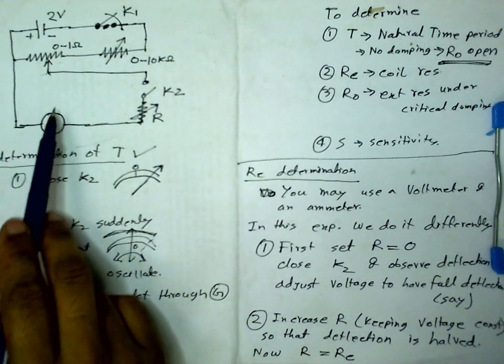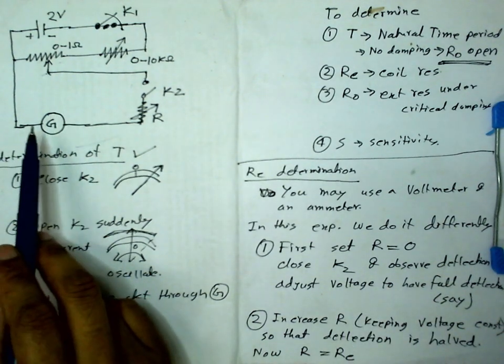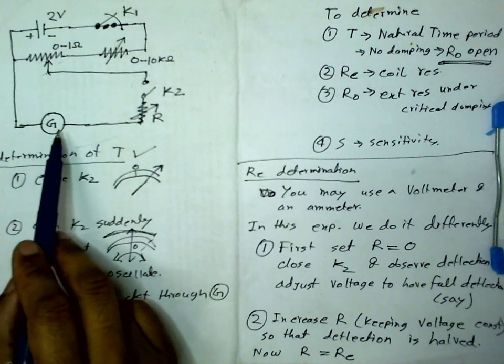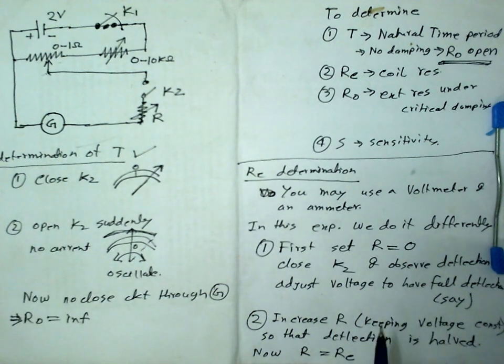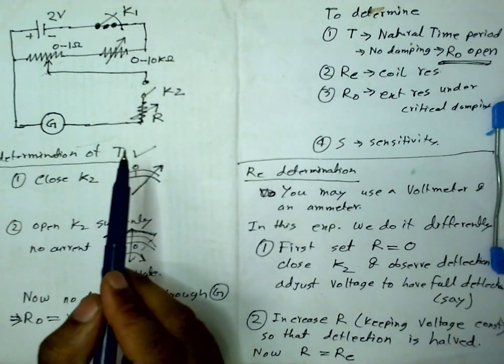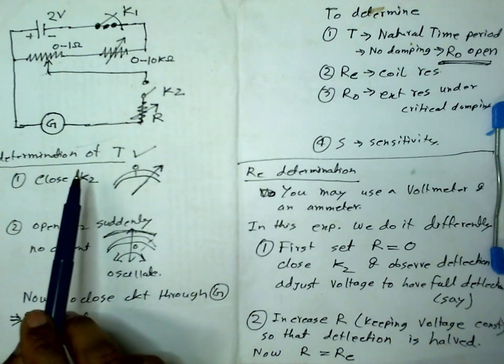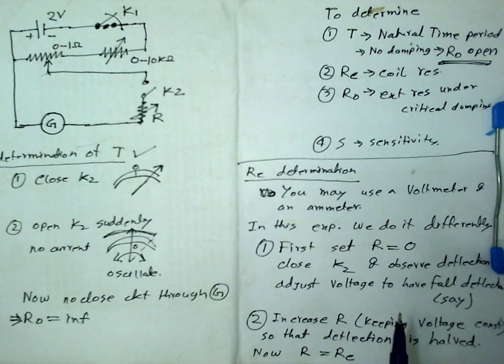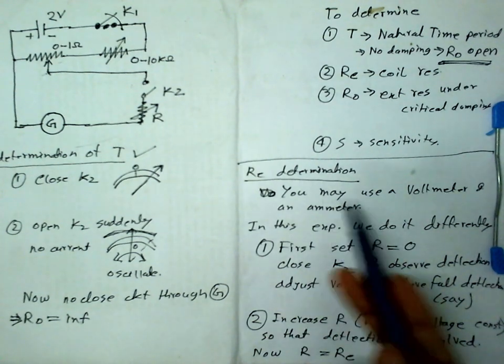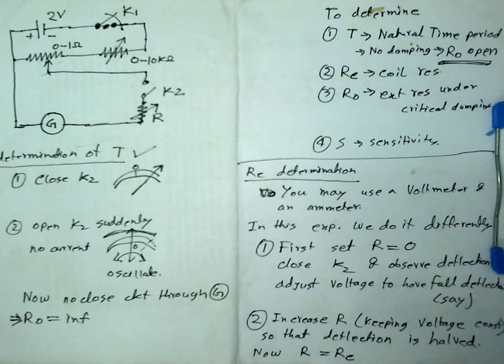We can just watch the deflection in the galvanometer, because we anyway have one. And we will anyway need variable resistance for other parts of this experiment. So why do we need an extra ammeter or voltmeter? This way we can determine the resistance RC of the galvanometer.